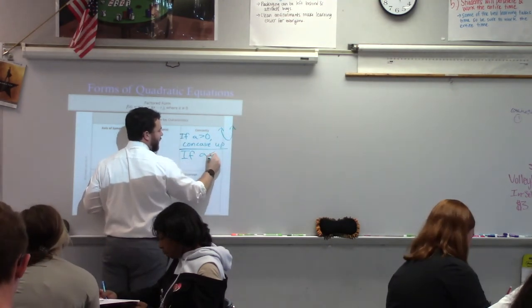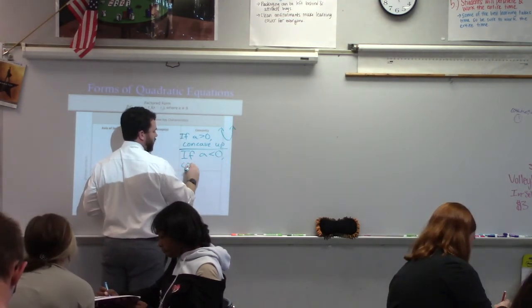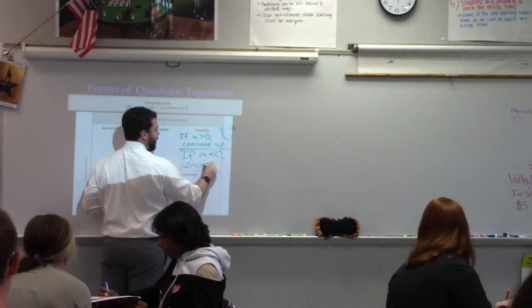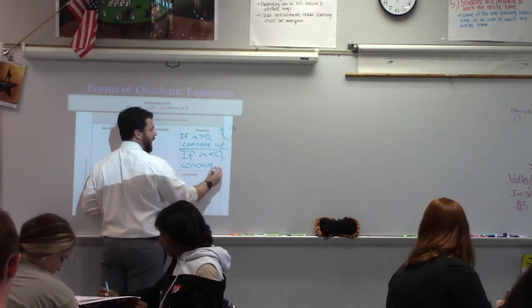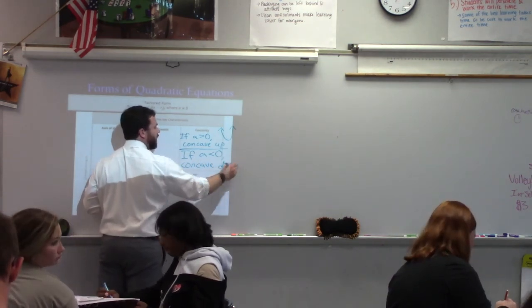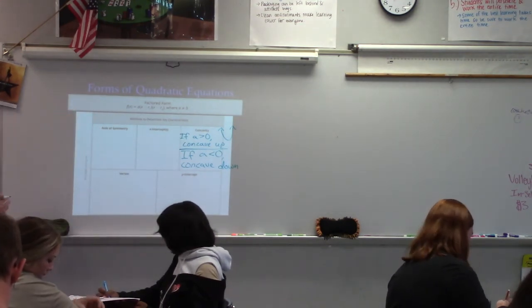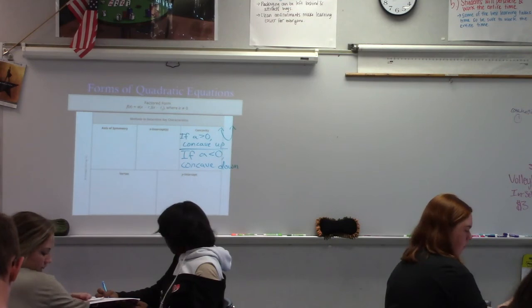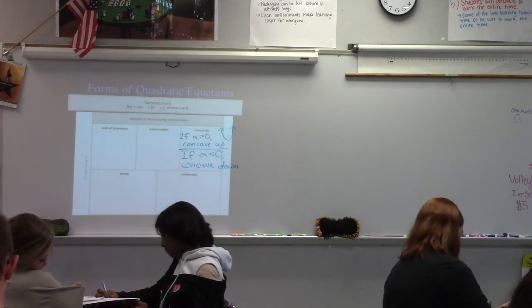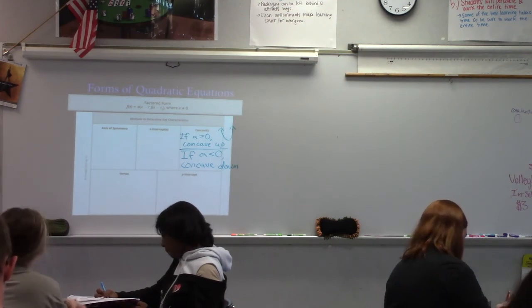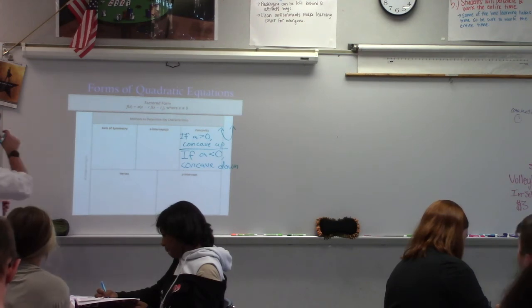If A is less than 0, concave down. And again, really the parabola is concave down. And I believe you all also said x-intercepts. Okay, so how do I see the x-intercepts in that equation?